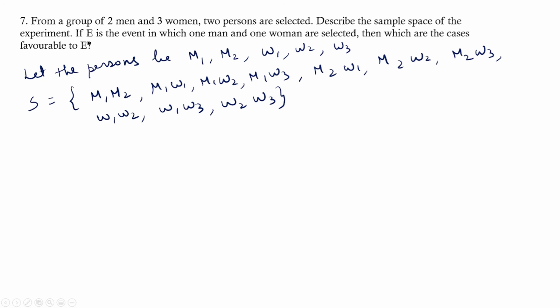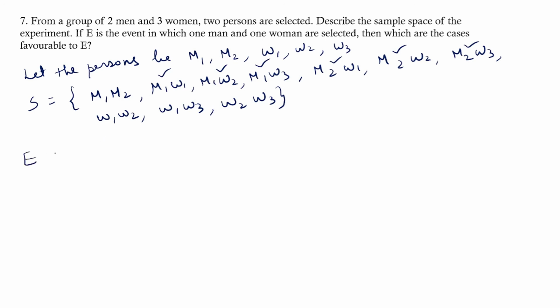And now coming to the event E. If E is the event in which one man and one woman are selected, then which are the cases favorable to E? So the outcomes favorable to E are M1, W1, M1, W2, M1, W3, M2, W1, M2, W2 and M2, W3.